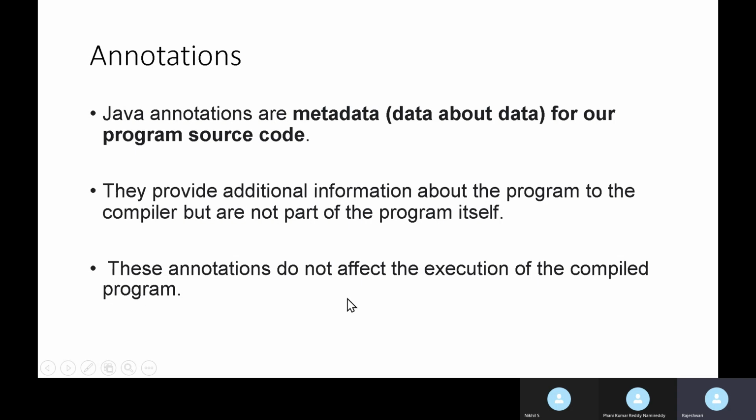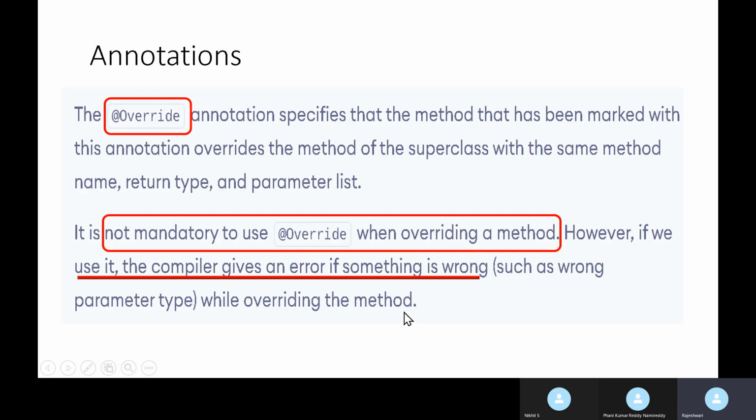Once your code is compiled, it will not affect the execution. So these are basic things. For example, the @Override annotation specifies that the method is being overridden from the superclass in the subclass. It is not mandatory, but doing this is the safer side. That is the reason we generally use annotations. Annotations have additional information.